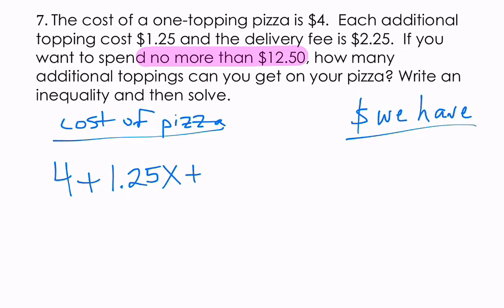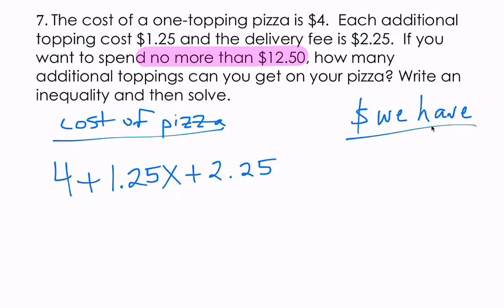Plus, there is also a delivery fee of $2.25. Okay, so I know this is how much the pizza will cost. $4 plus $1.25 times however many extra toppings plus the delivery fee.